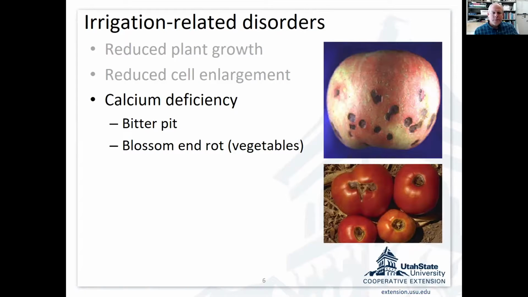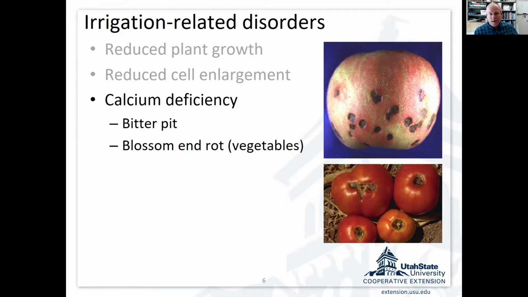Another situation that's also irrigation related is localized calcium deficiencies. And there's two examples here on the right. The bottom is what's called blossom end rot in tomato. The top is called bitter pit. And what happens there is the calcium that is needed in the fruit is taken up in the transpiration stream and moves up through the plant with the water as it's moving towards the leaves and the fruit.